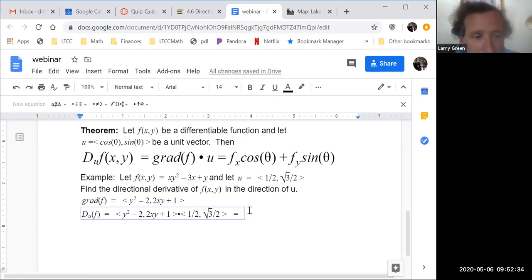Okay, and you do the dot product, you get y squared over 2 minus 1. And then plus, we have root 3 over 2 times 2xy, which is root 3 times xy.